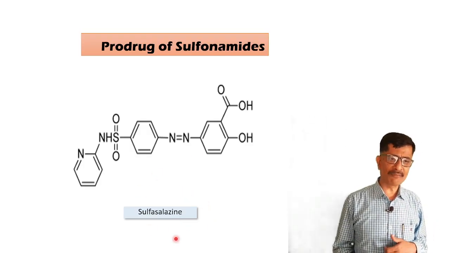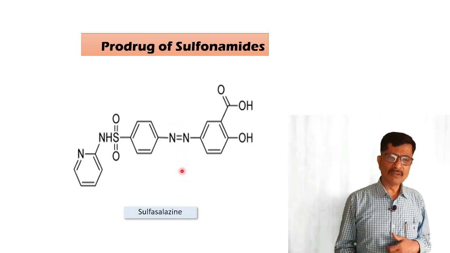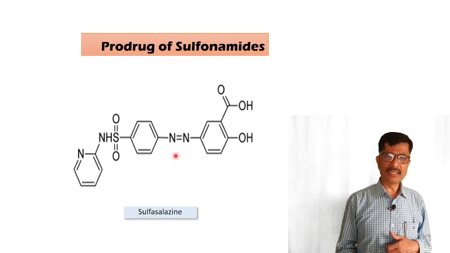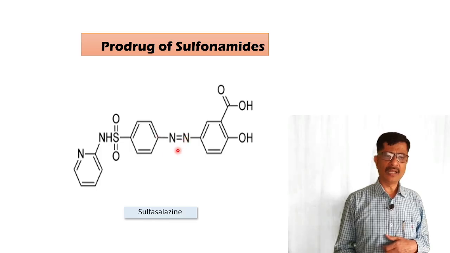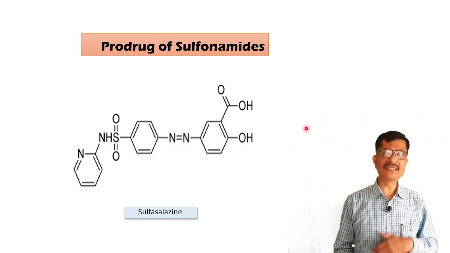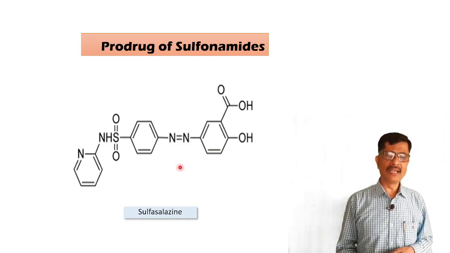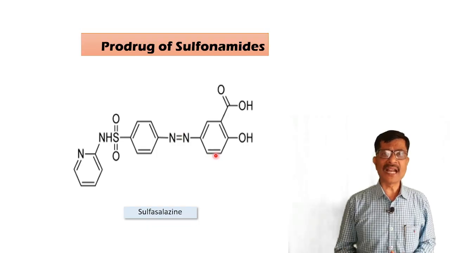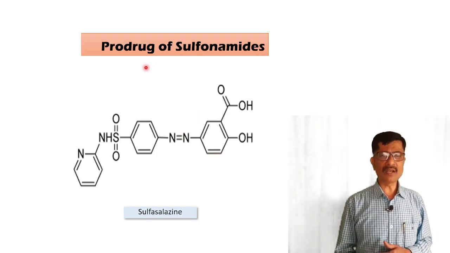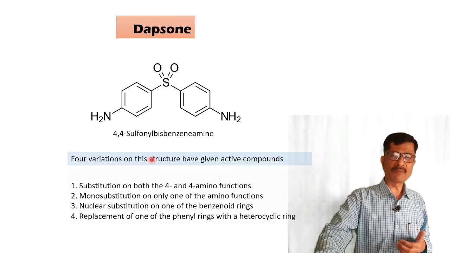If you look at the sulfasalazine, then this fourth nitrogen is substituted, forming an azo linkage. When this sulfasalazine is introduced into the body, it breaks down its azo linkage, releases this free amino group which is required for its antibacterial effect. So this is how sulfasalazine acts as a prodrug for the sulfonamide class of drugs.